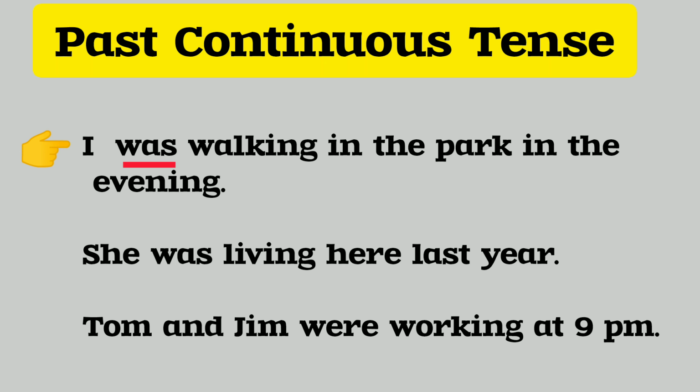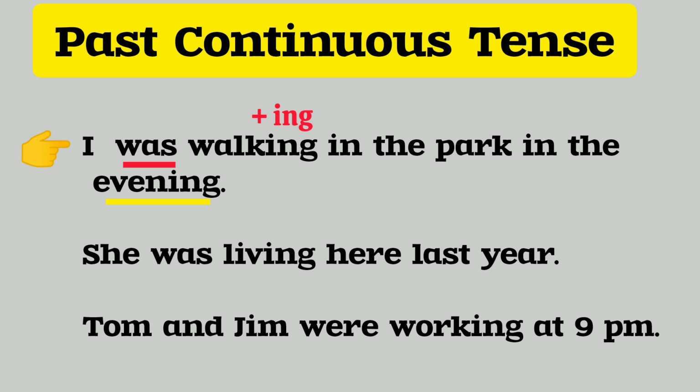I was, and then we added an ing to the verb. I was walking. Now take a look at the whole sentence. I was walking in the park in the evening. So can you see that was going in the evening? It happened in the past.